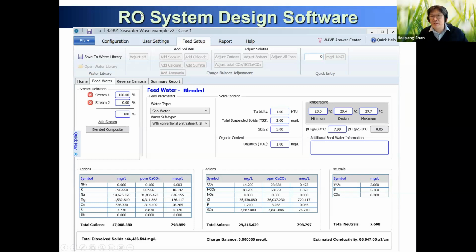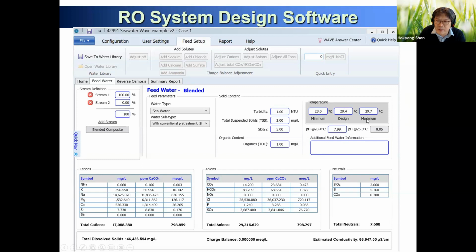Also, adjust the pH, for example to pH 6, because you adjust your pH based on your initial feed water pretreatment. You can change your pH and the temperature, with a minimum maybe in the early morning and a maximum in the daytime.